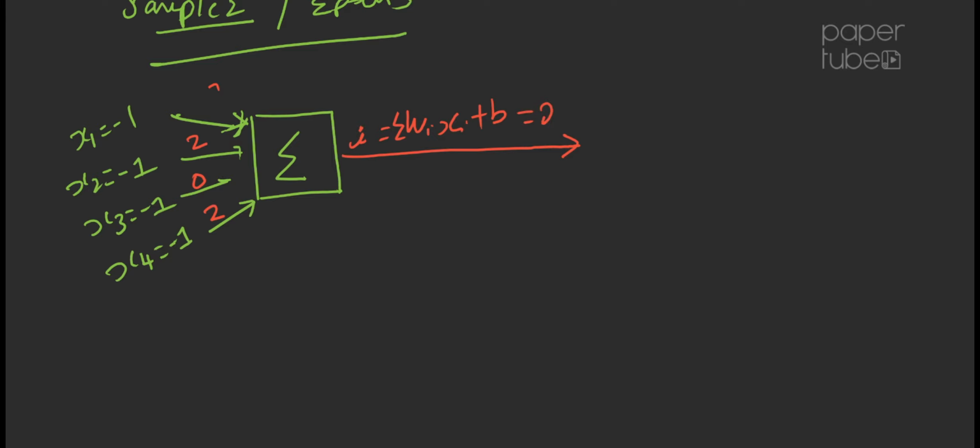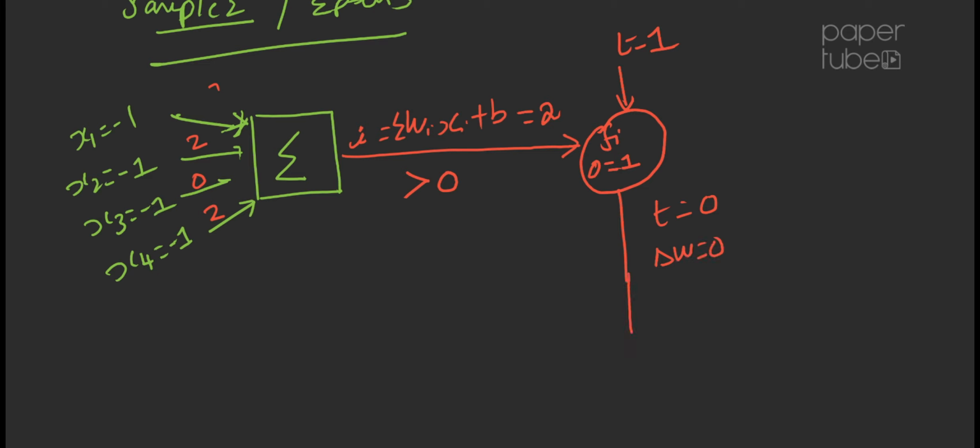of 2. 2 is greater than 0, which means your propagation function fi will fire an output equal to 1, and your target value is actually equal to 1. So in this case, target is equal to output, which means the change in weights should be equal to 0, so your updated weights will remain the same as the weights you calculated in the previous step.